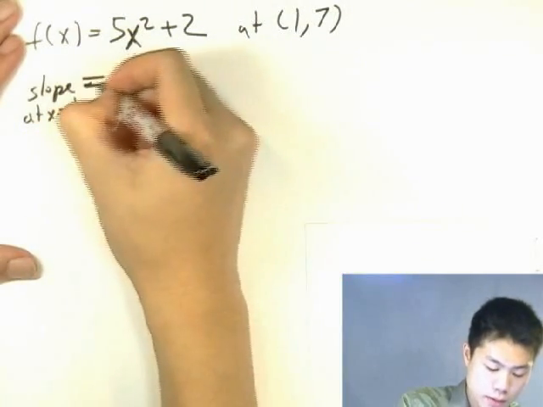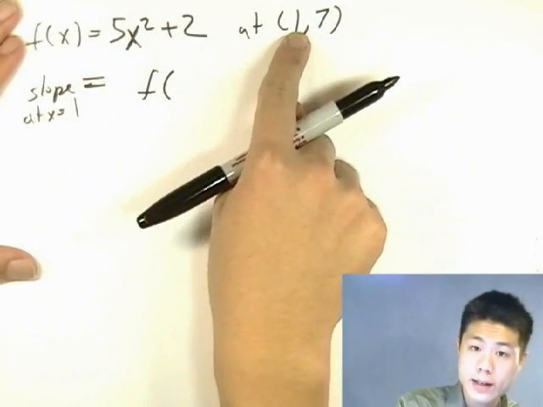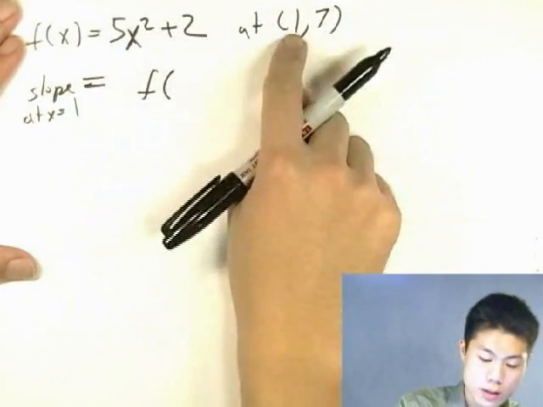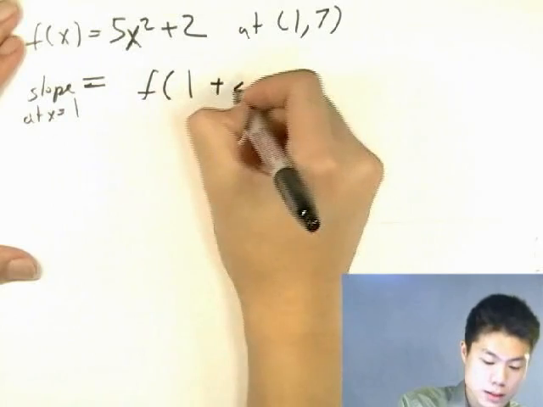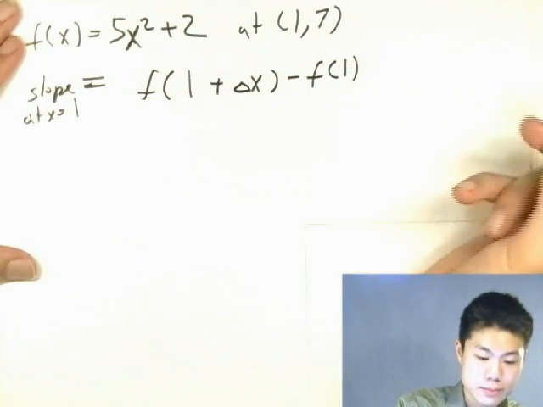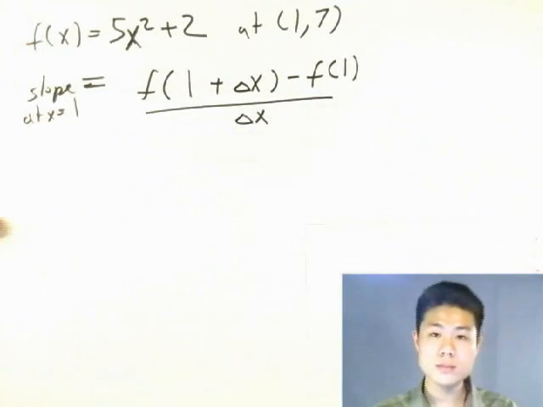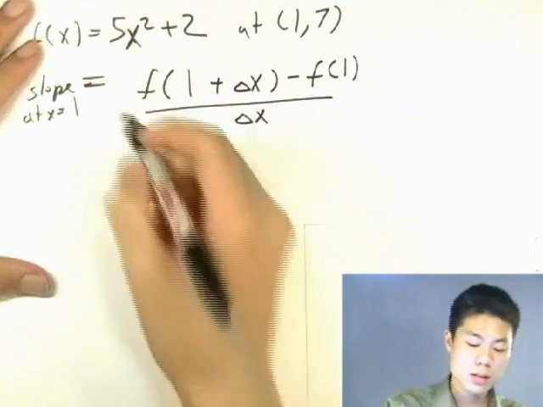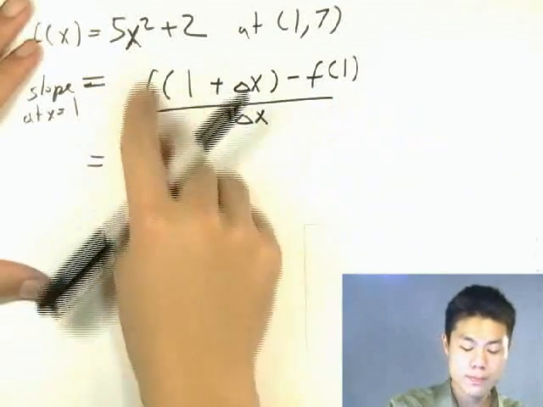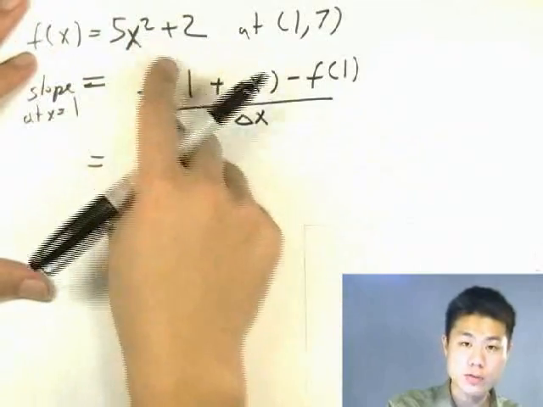That slope is going to be f. Our point here is 1, right? So I'm going to plug in 1 into c plus delta x minus that, all over delta x. The next step is to rewrite this using the actual function.